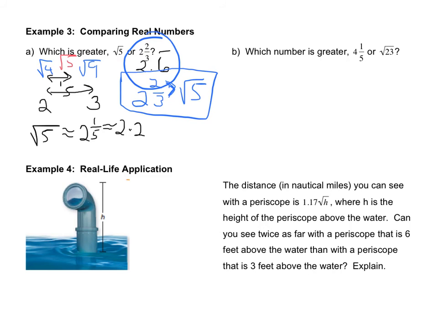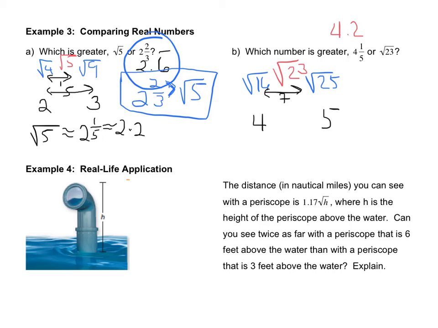Looking at the next number again, we can look at our first number by thinking of it as 4.2, and then let's focus on what is the square root of 23. Well, if I surround my numbers, square root of 16 and square root of 25, which means it's someplace between 4 and 5. Now this time I'm a lot closer to the 25.